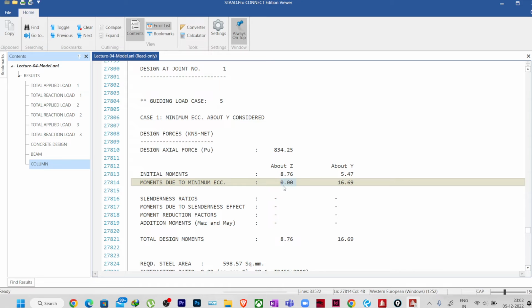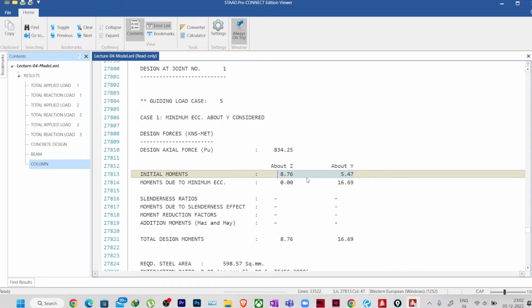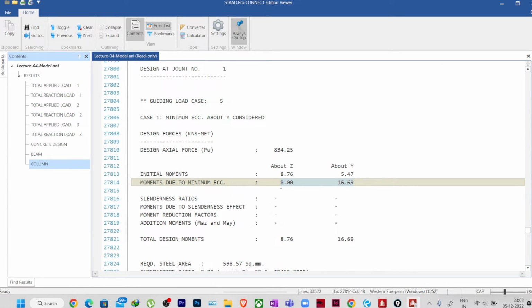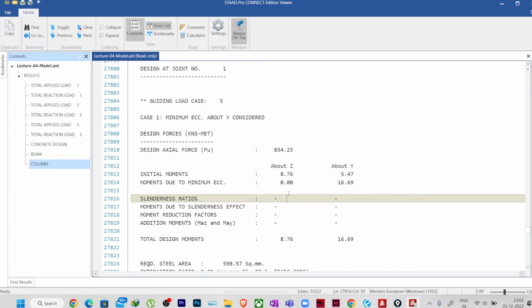Fine. So now when we are going to find out the final moment, whichever is greater between the initial moment and the minimum eccentricity moment, we'll be considering that. Now here the slenderness ratio we all know, L effective by depth.